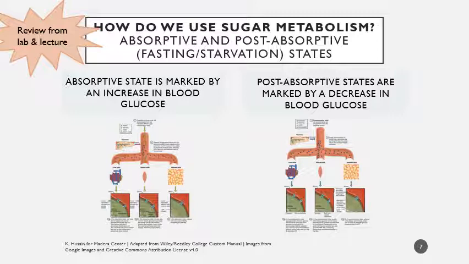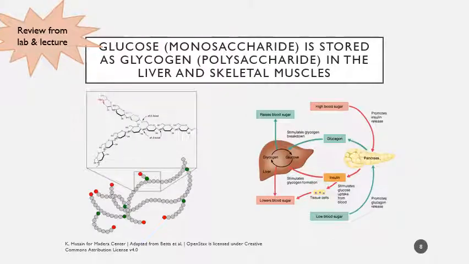So these catabolic reactions that are happening in post-absorptive states are to tap into those reserves of glycogen in your liver and muscle, and then fat in your adipose cells. So remember, glucose is a monosaccharide. It's a very simple ring structure.